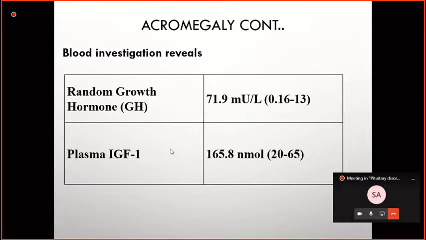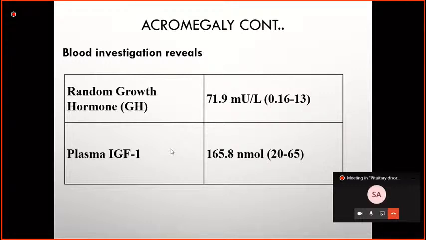In fact, when you investigate acromegaly, IGF-1 is more stable and preferable, because growth hormone secretion is pulsatile and fluctuating. You might want to take several samples, and you might even miss the peak.